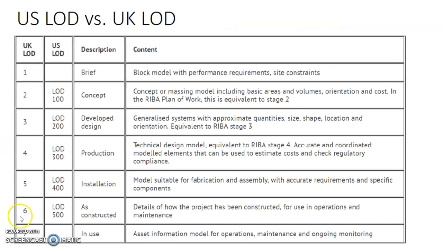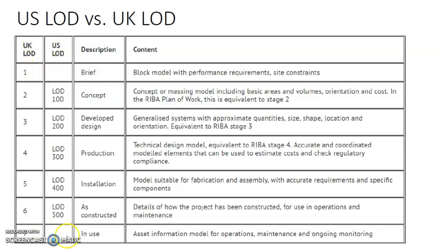So you can do a comparison between the UK system with the US system, in general. In this case, the US system, they are just looking at the LOD 100, 200, 300, 350 is somewhere in between. They didn't put it down, and 400 and 500 in comparison to the UK system. So there's no comparison for the US with the UK stage 1.